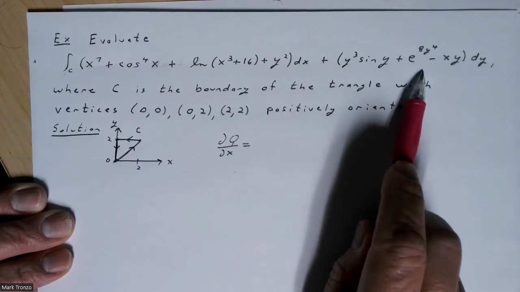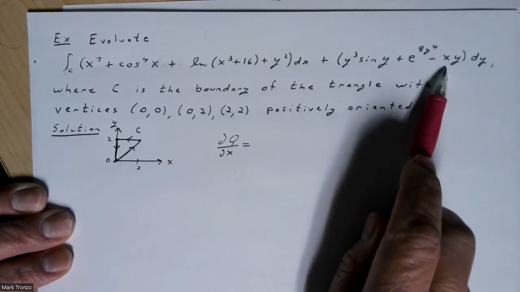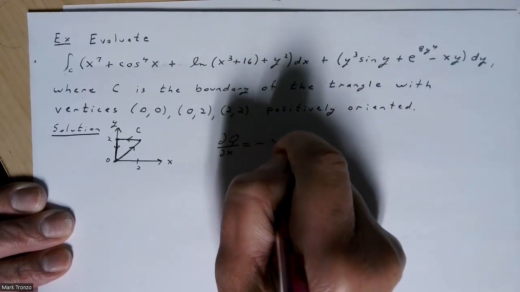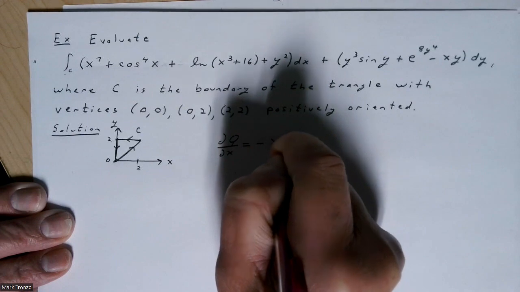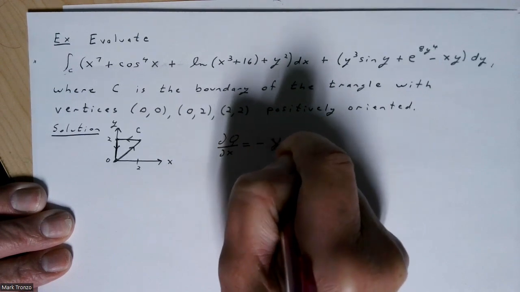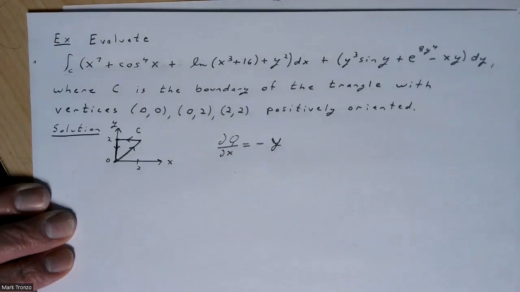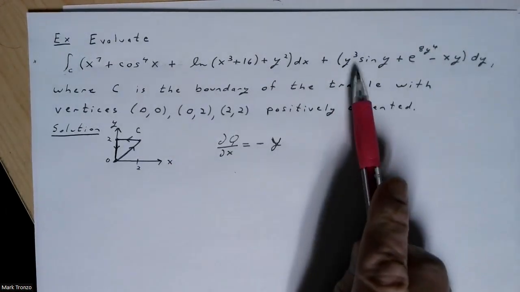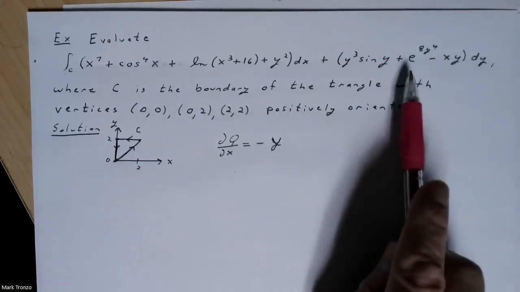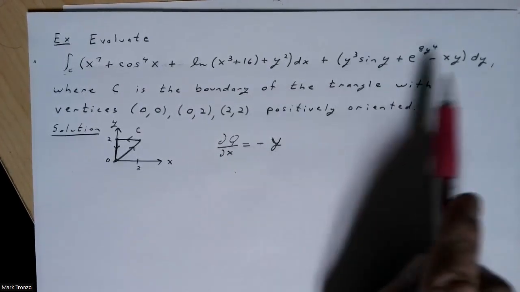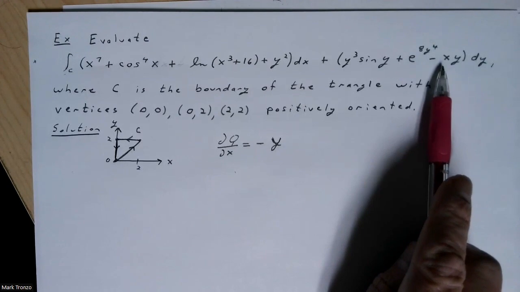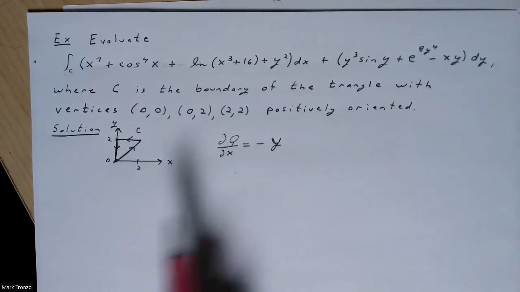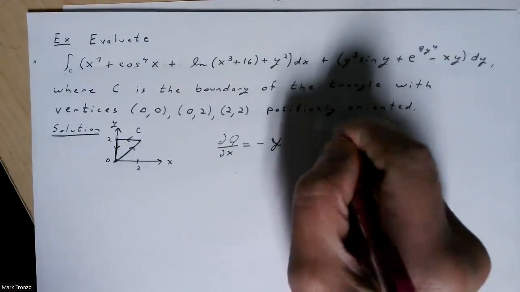This has y's, that's going to go away. And this looks like it'll be negative y, because this is going to be 0 with respect to x. This is 0. And this with respect to x, keeping everything else constant, is just going to leave us negative y.